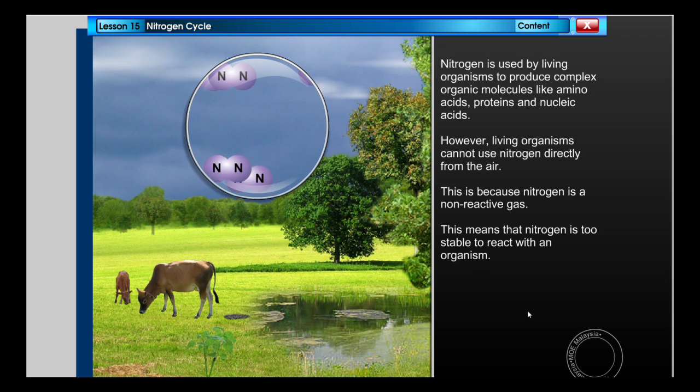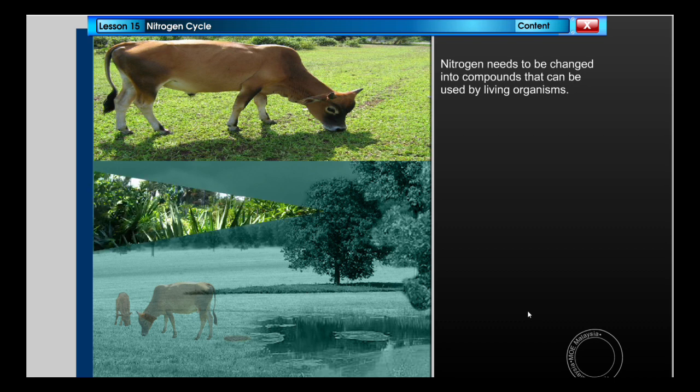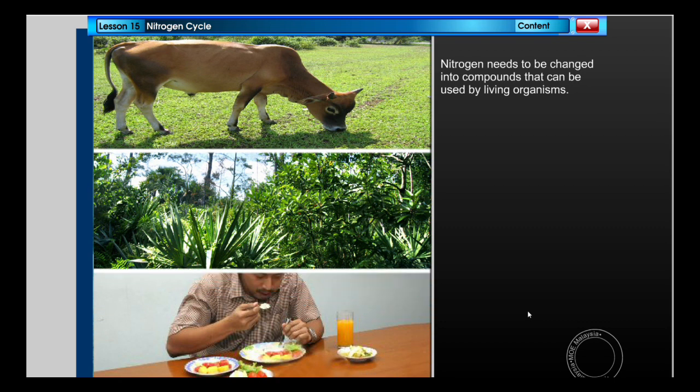This means that nitrogen is too stable to react with an organism. Nitrogen needs to be changed into compounds that can be used by living organisms. This involves several processes that form the nitrogen cycle.